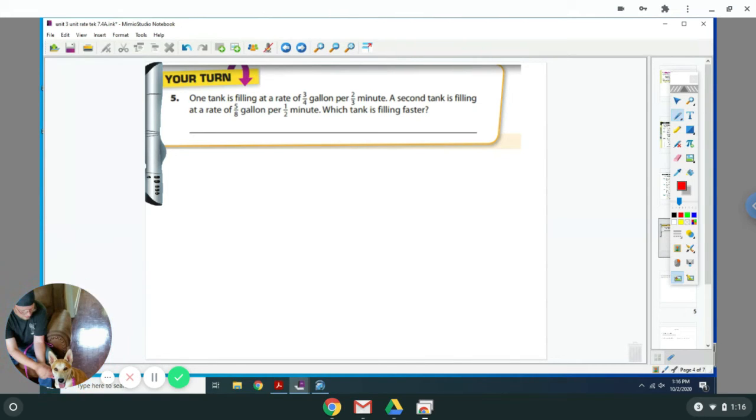It says one tank is filling at a rate of 3/4 gallons per 2/3 minutes. A second tank is filling at a rate of 5/8 gallons per half a minute. Which tank is filling faster? So you have 3/4 for every 2/3 for tank A. And then tank B will be 5/8 for every 1/2. So you divide these.